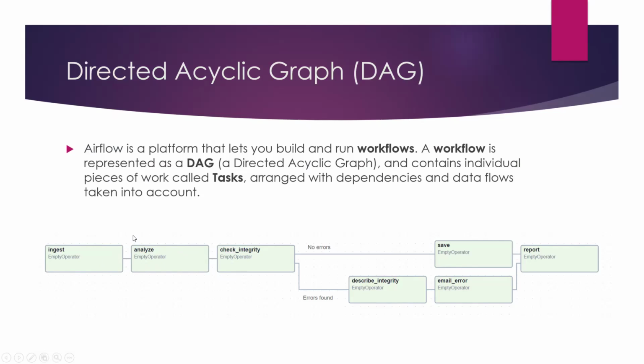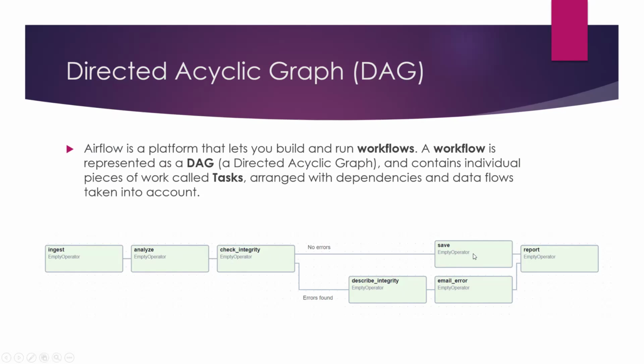We must move forward. For example, this is a task ingesting the data maybe, and once the data has been ingested, we move to another task, and then after analyzing it, we move to this check integrity task, and after that, we move to the save task and describe integrity task together, and then the flow moves forward.